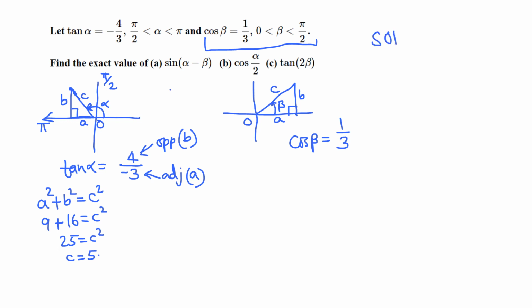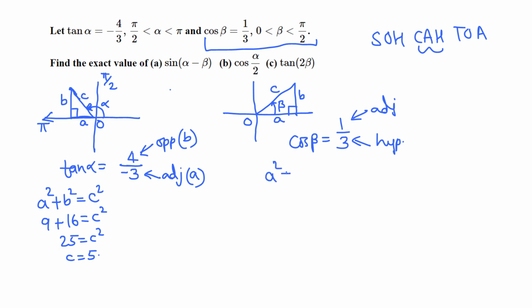So using SOHCAHTOA, cosine is adjacent over hypotenuse. So this is adjacent and this is hypotenuse. So C equals 3, A equals 1, so B is missing.